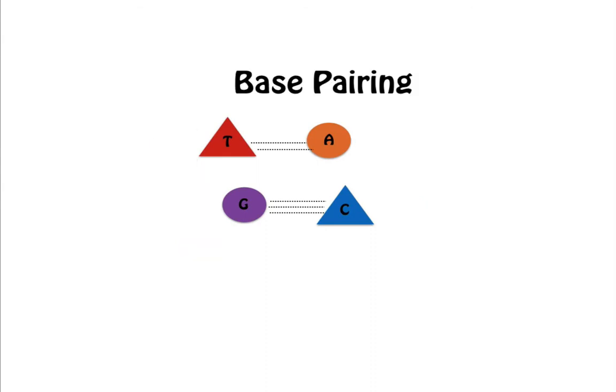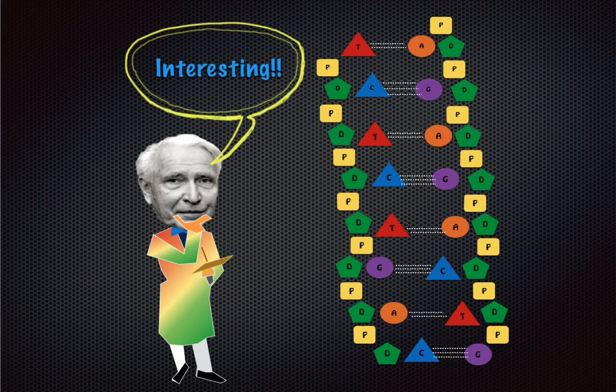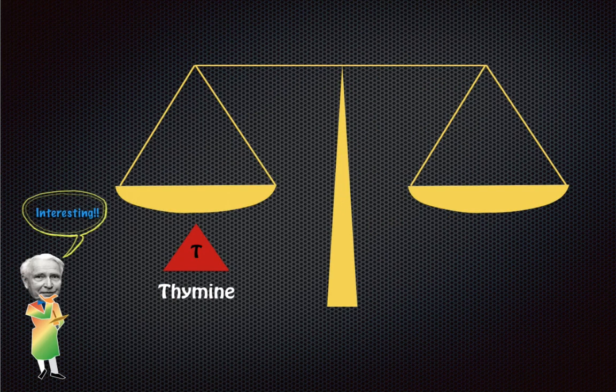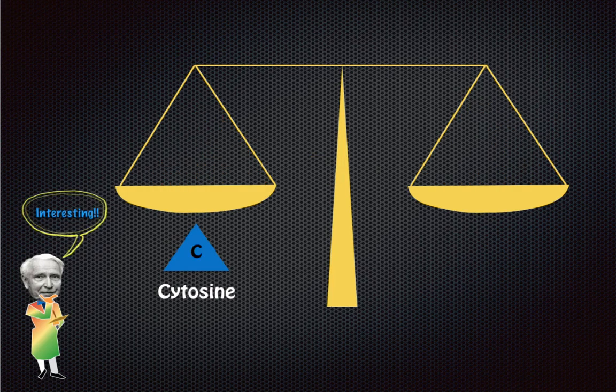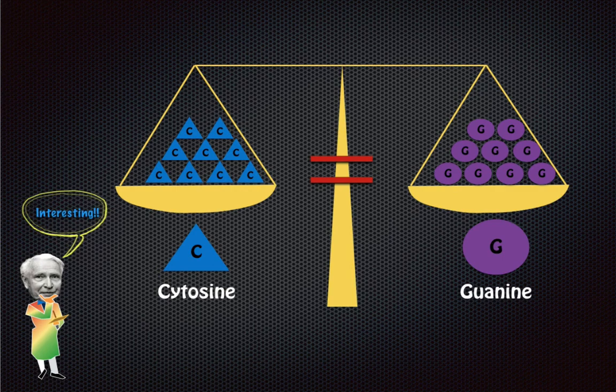All right, let's talk about your nitrogen base pairing. Okay, if you go back to the story of DNA, you'll remember Erwin Chargaff. He counted all the different number of times that these nitrogen bases came up, and remember, when he counted thymine, he noticed that thymine always equaled the number of adenine. Okay, and the same thing with cytosine, it would equal the number of guanine.